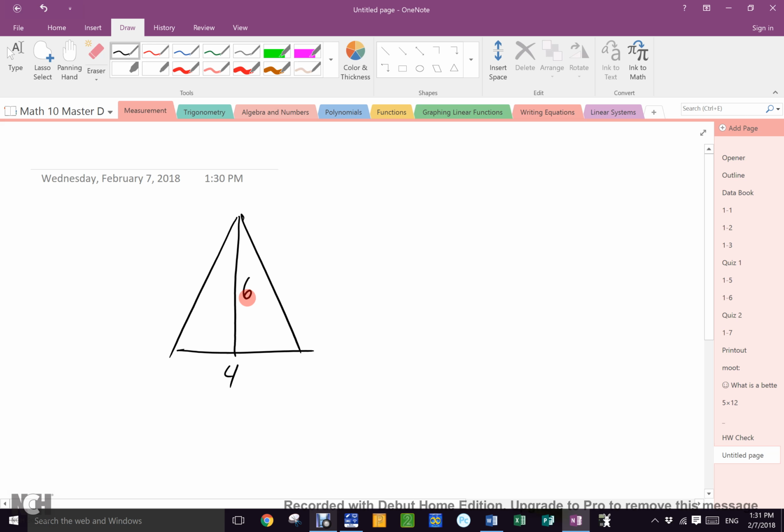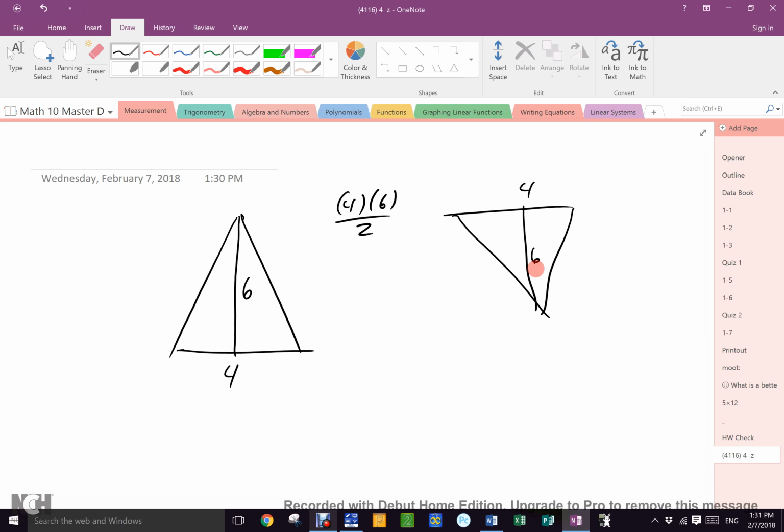What's the height? 6. So the area of that triangle would be 4 times 6 divided by 2, correct? It would be 12. Now what's the base? It's on the top. Because it doesn't matter. You guys got to recognize that, yes?